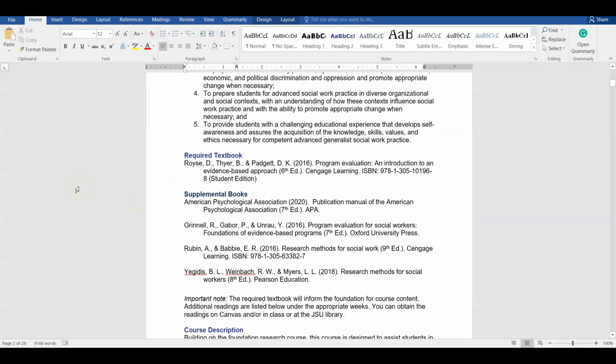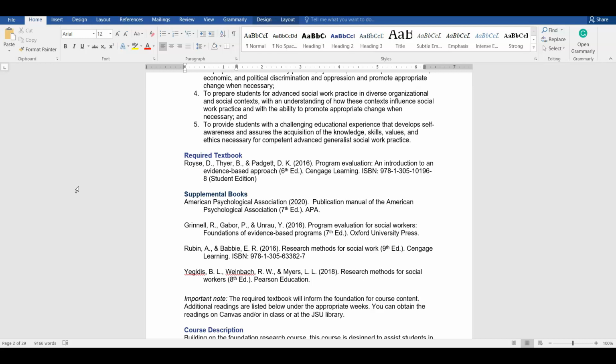Supplemental books are not necessarily required, but an important one is the APA, the American Psychological Association publication manual, which is the APA style. Last year, they came up with the 7th edition. I have always been a proponent of using it, so you're responsible for the APA.